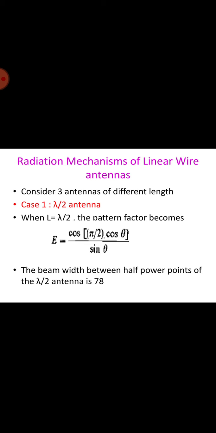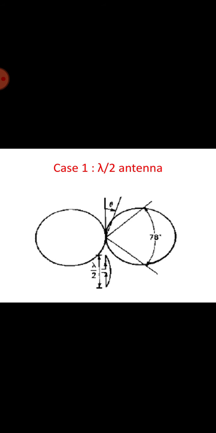Now let us consider the first case, that is the lambda by 2 antenna. When L is equal to lambda by 2, the pattern factor becomes E is equal to cos of (pi by 2 cos theta) divided by sin theta, and this pattern is shown in this figure.